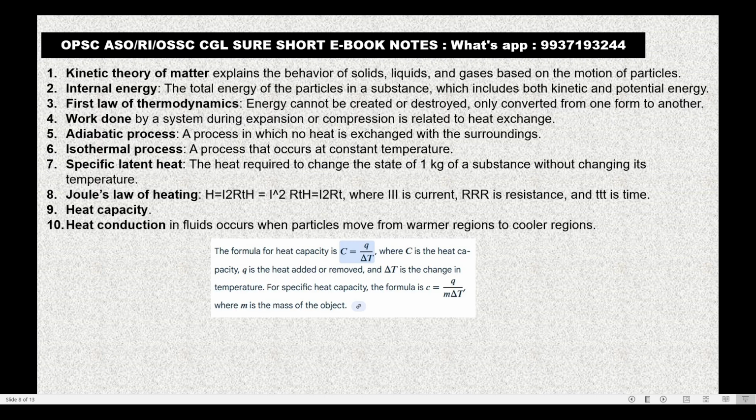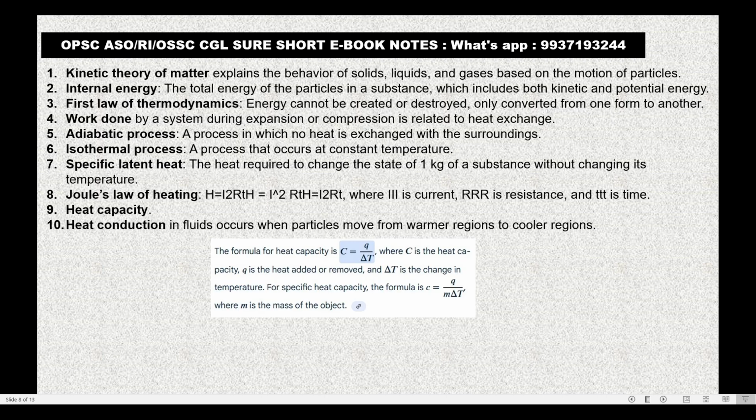Work done by a system during expansion or compression is related to heat exchange. Adiabatic process: a process in which no heat is exchanged with the surroundings. Isothermal process: a process that occurs at constant temperature. Specific latent heat: the heat required to change the state of 1 kg of a substance without changing its temperature.